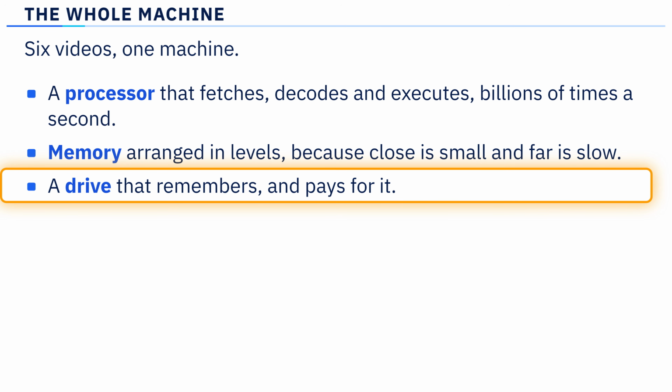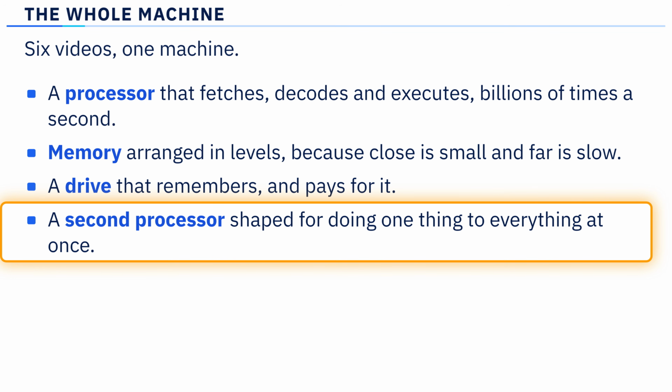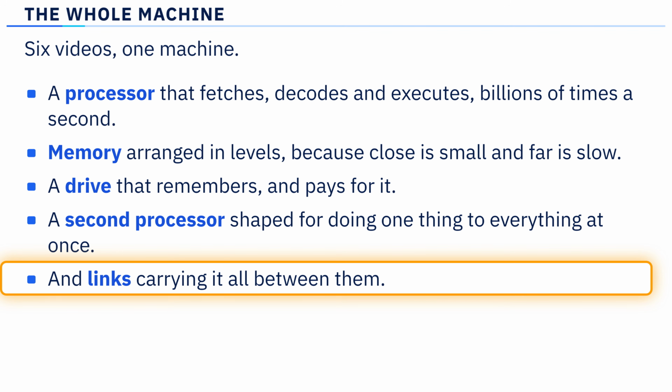A drive that remembers when the power is off, and is slow and awkward to write to precisely because of what makes it remember. A second processor, shaped completely differently, for doing one simple thing to an enormous pile of data at once. And links between them all, wires, plus the agreed rules that turn signals into messages, carrying everything from one part to the next.